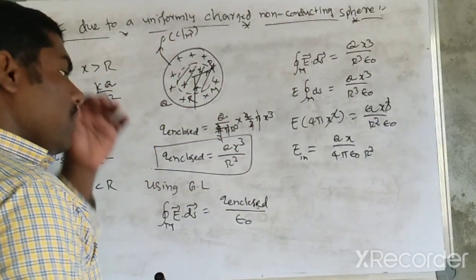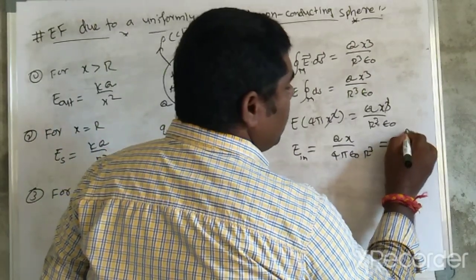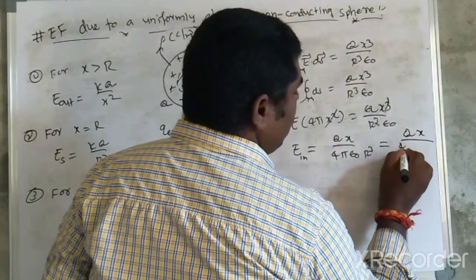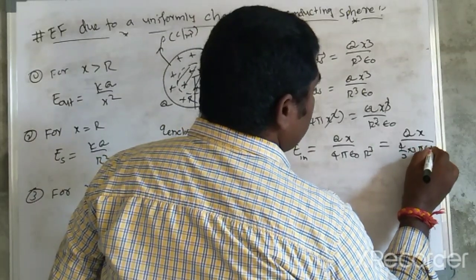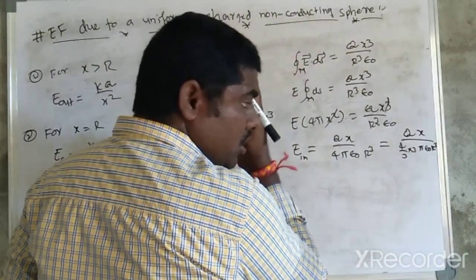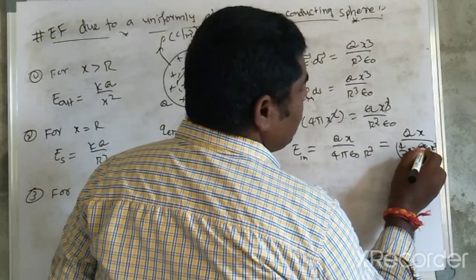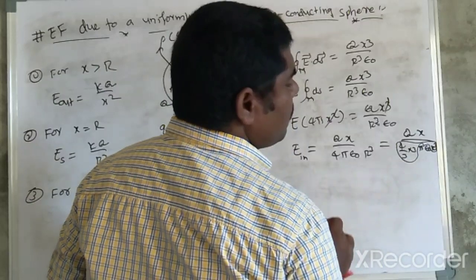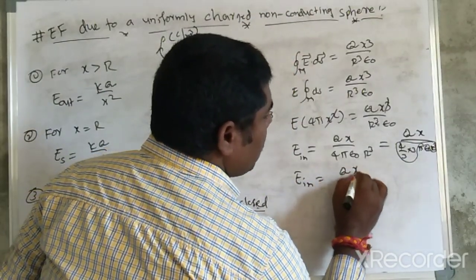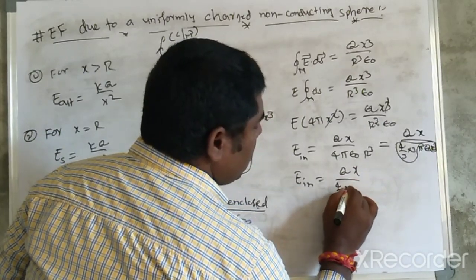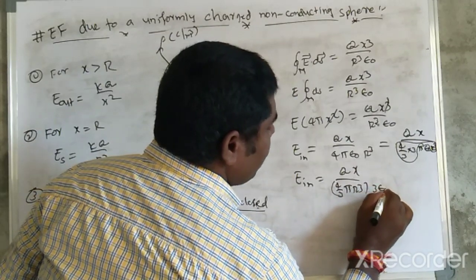Similarly, multiplying and dividing by 3, the value won't change: Qx divided by 4 by 3 pi R cube into 3 epsilon naught.